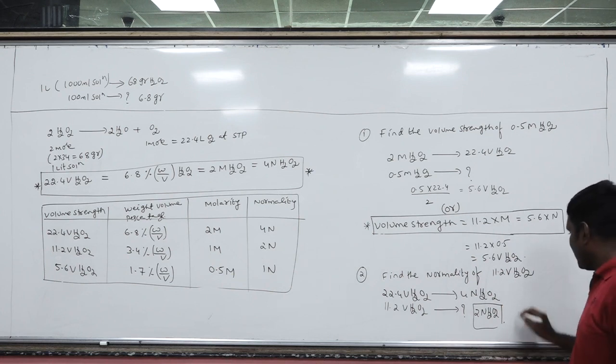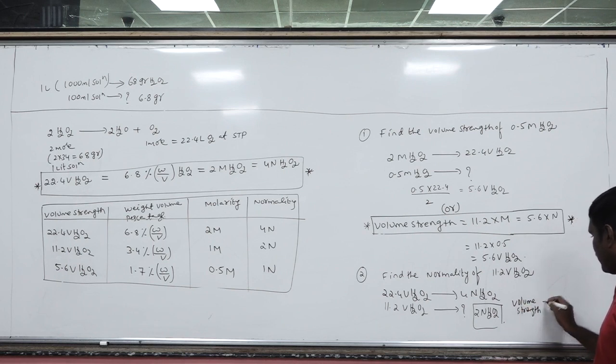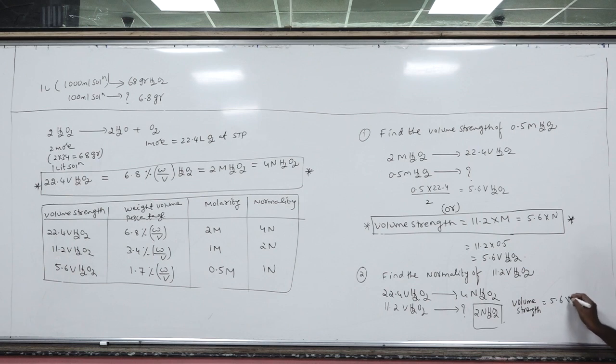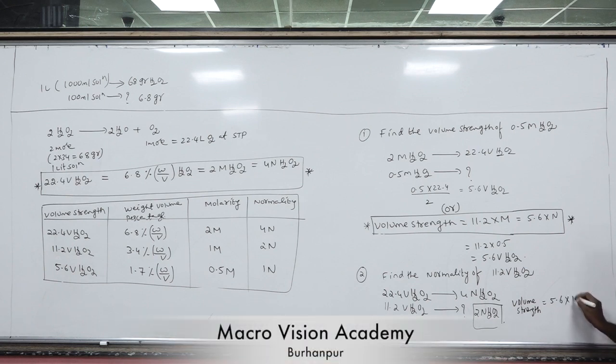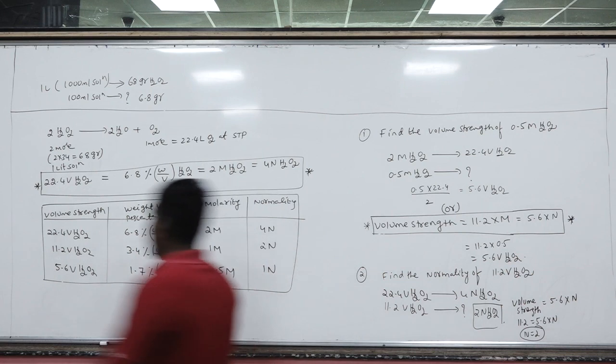So what is the direct formula? Volume strength is equal to 5.6 into normality. What is the volume strength given to you? 11.2 is equal to 5.6 into normality. So normality is what? 2.